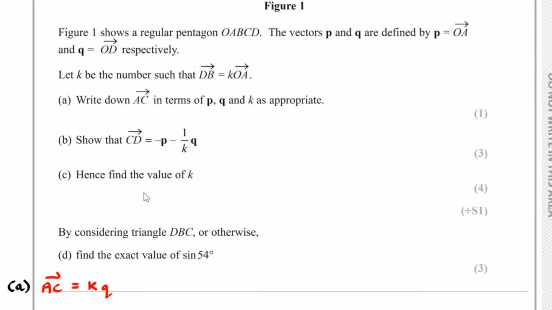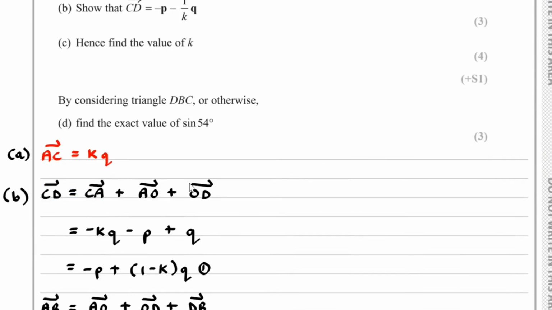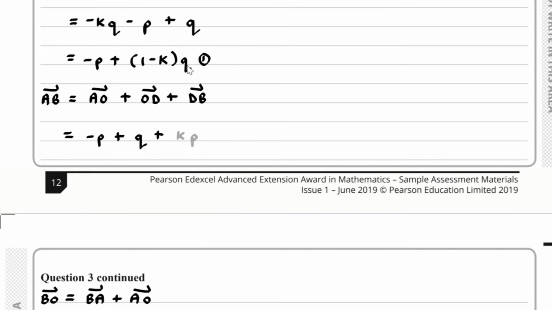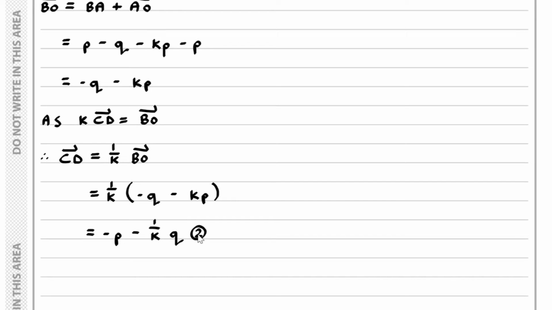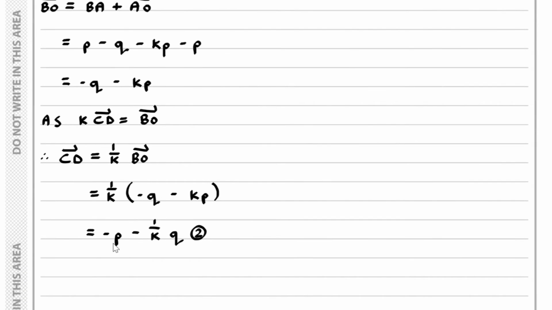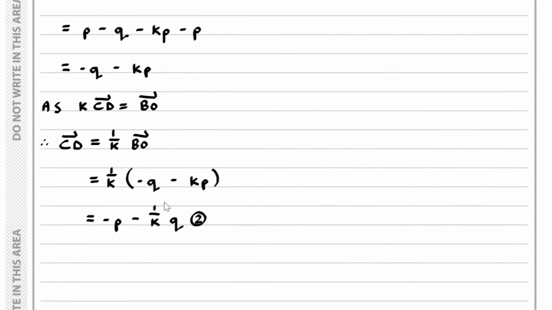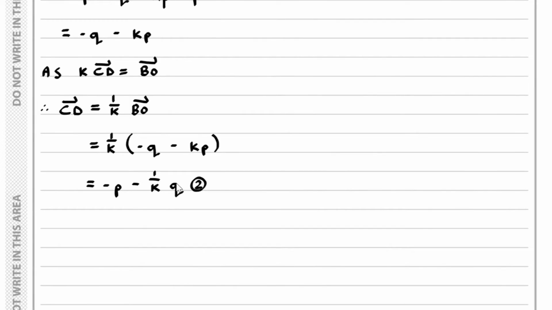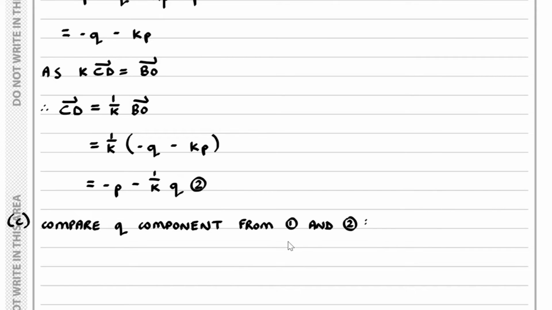And so what we now need to do for part C then is find the value of K. And we can do that by comparing the Q components of equation 1 and 2. The reason for that, the P components are the same, and because they're the same vectors, the Q components must also be equal. So then, for part C of the question, we compare the Q component from equation 1 and 2.